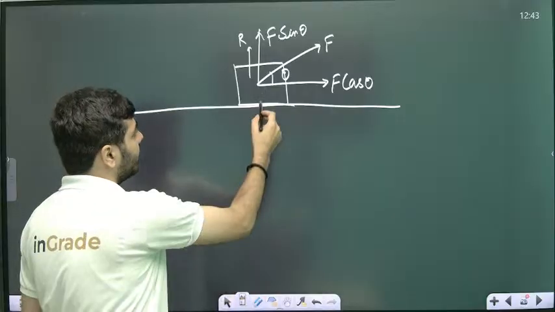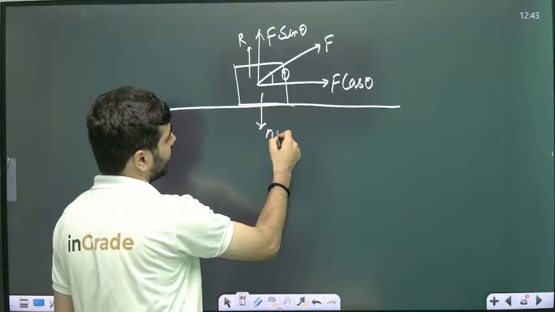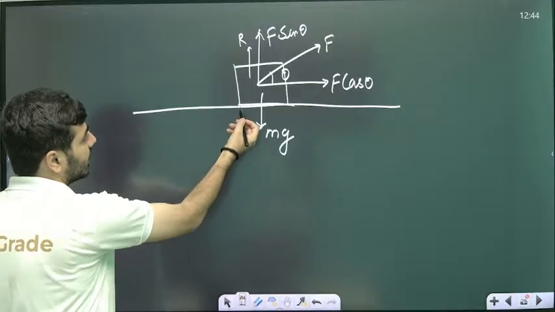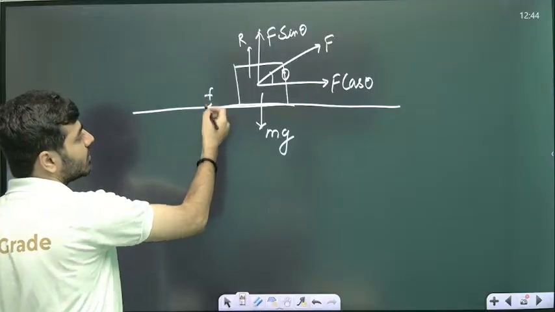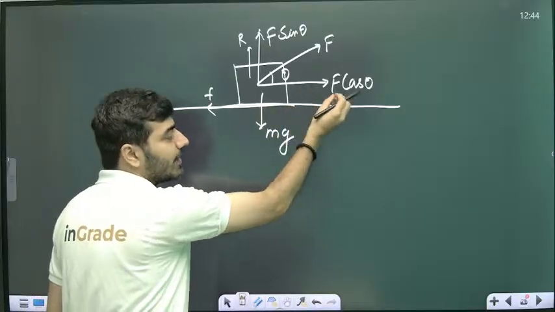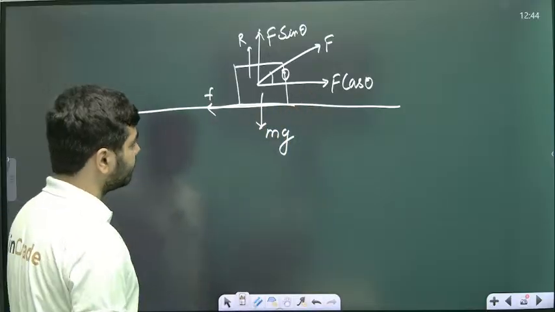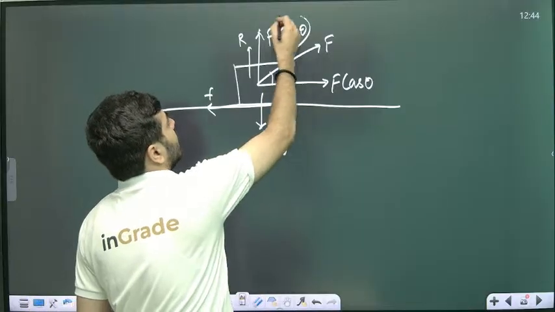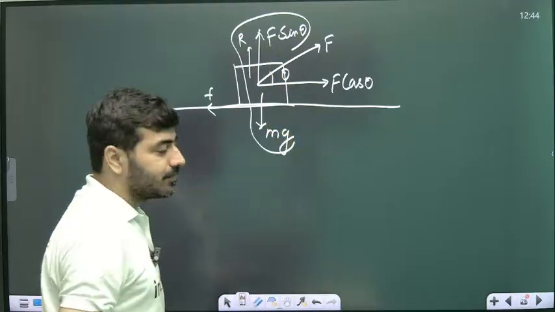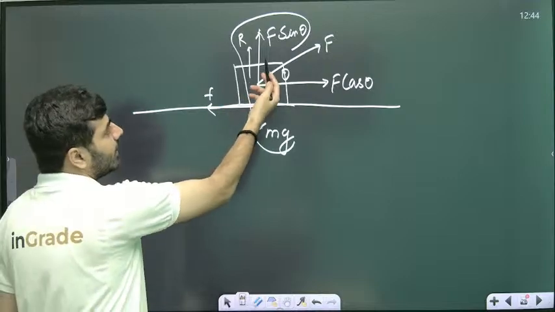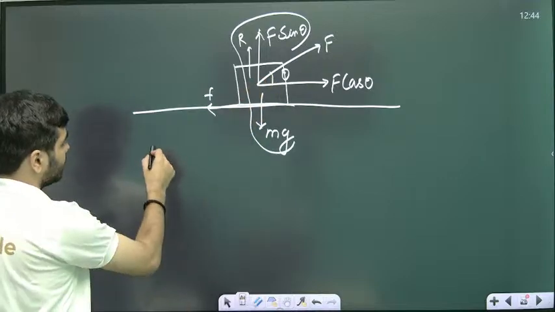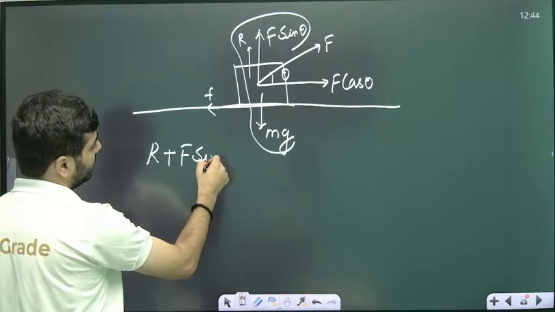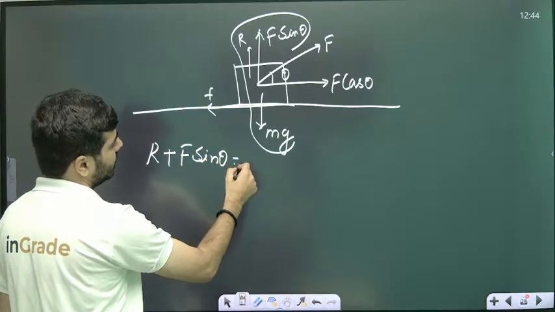The weight of the body is mg, and a friction force acts in this direction because the whole body is moving forward. Now first we have to balance the vertical part. R and F sin theta are in the same direction, so I can write simply R plus F sin theta equals mg.